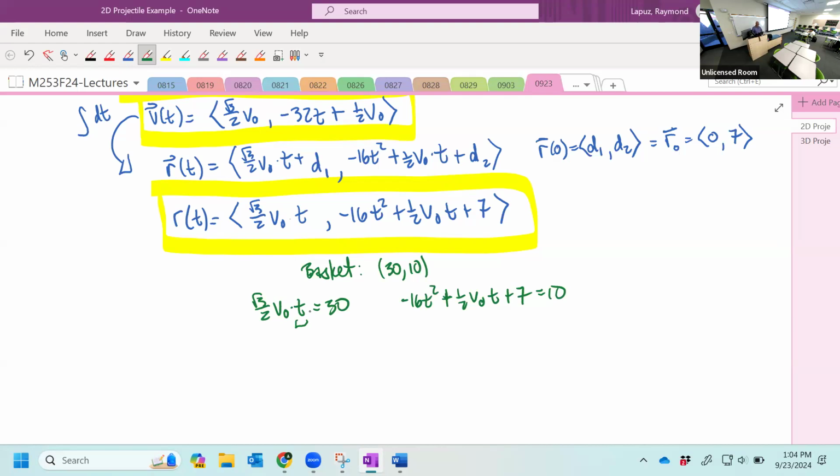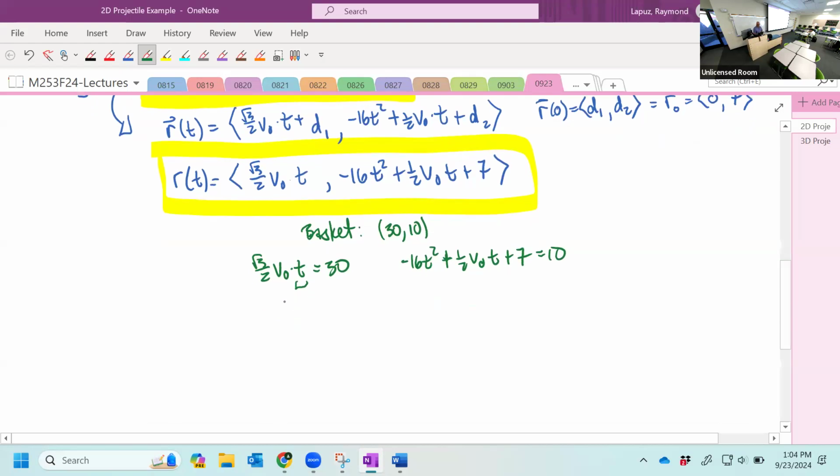So let's, for now, solve for just t in this first equation. t is equal to 30 over root 3 over 2 v naught. Now this is going to be the reciprocal. The 2 would go on top, right? And then the square root of 3 would go on the bottom. So that's, what is that? 60 over v naught root 3.